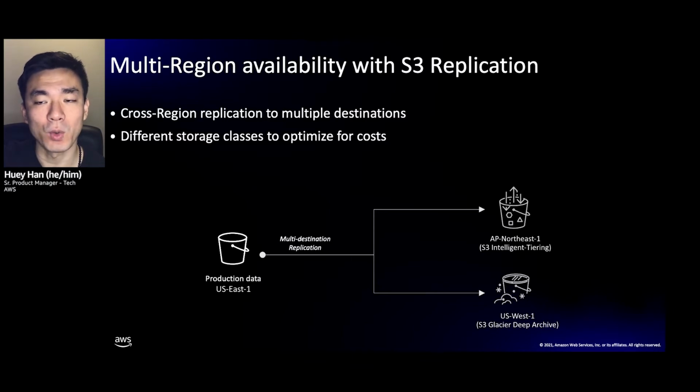So for those of you who might not be familiar with it, Intelligent-Tiering is an S3 storage class designed for customers who want to optimize storage costs automatically when data access patterns change. Intelligent-Tiering automatically saves costs by moving data between two access tiers, frequent access and infrequent access.